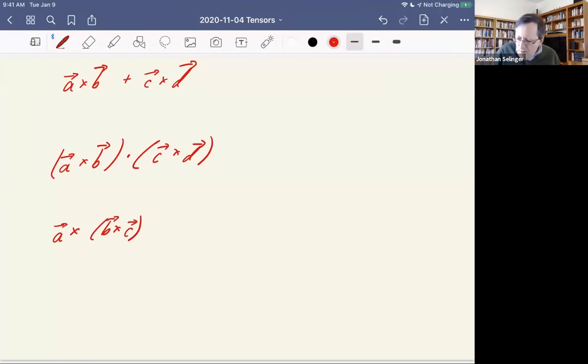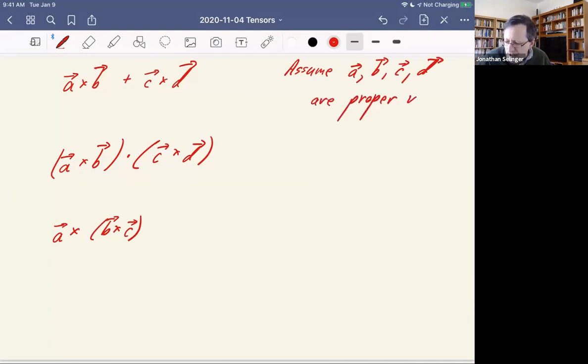Sure. All right. Well, let's think about each of these. First, I have to say explicitly, let's assume A, B, C, D are proper vectors. They don't already have any cross products built into them, so we're assuming these are things like position or velocity or momentum, which are proper vectors.